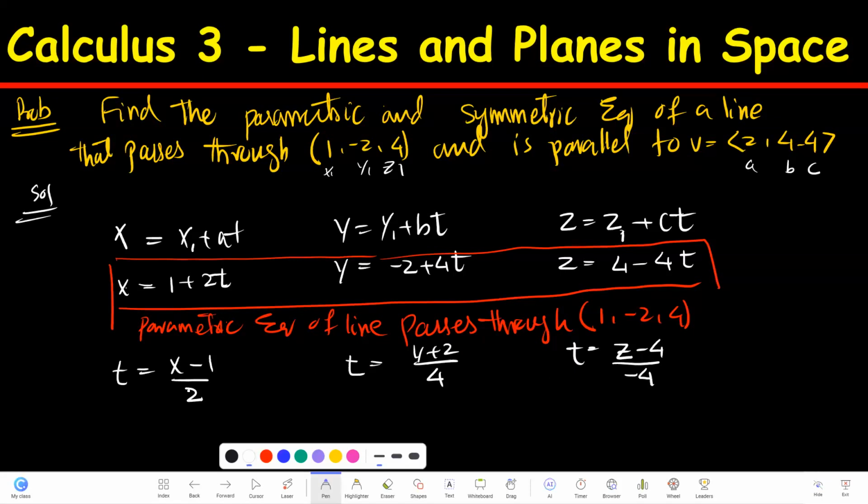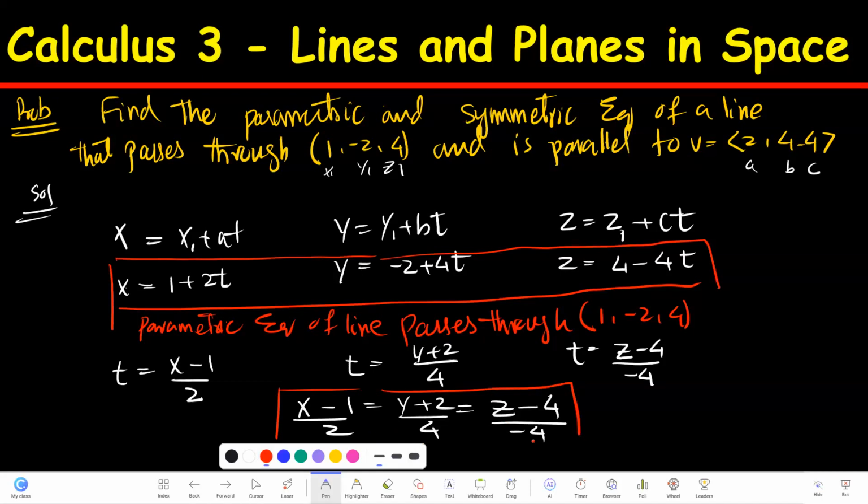All I can do is eliminate the t and write it like this: x minus 1 over 2, y plus 2 over 4, z minus 4 over minus 1. That is my symmetric equation.